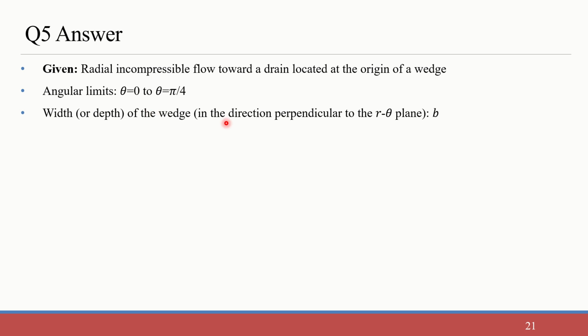The width of the wedge in the direction perpendicular to the r theta plane is b. The flow is purely radial, which means that the velocity in the r component is a function of r. So ur is ur as a function of r, and u theta is equal to 0.